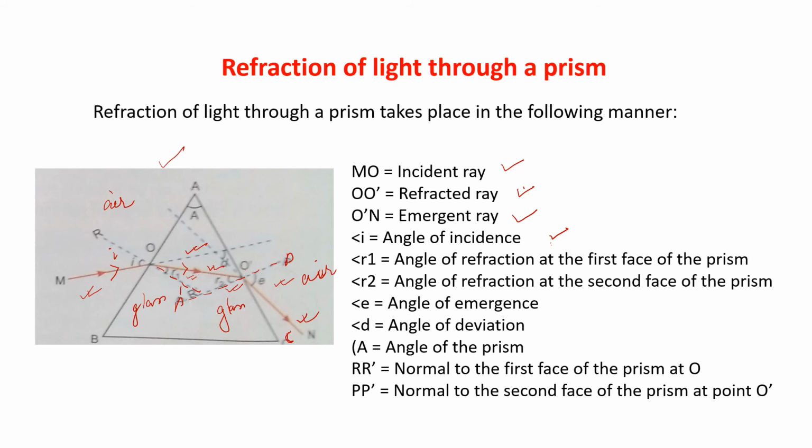Where these two rays meet, the angle between them is known as angle of deviation, delta, or D. A is the angle of prism, and R dash, as I told you, is a normal to the face AB, and P dash is a normal to the face AC.